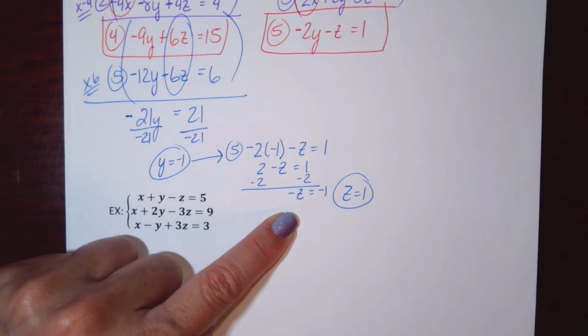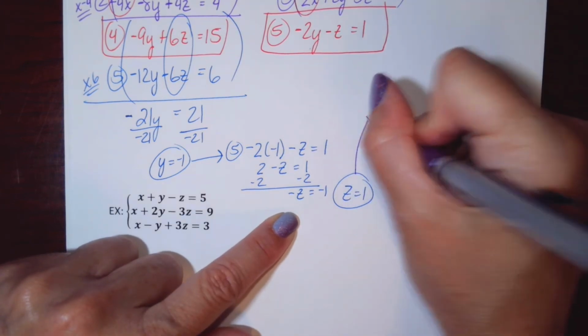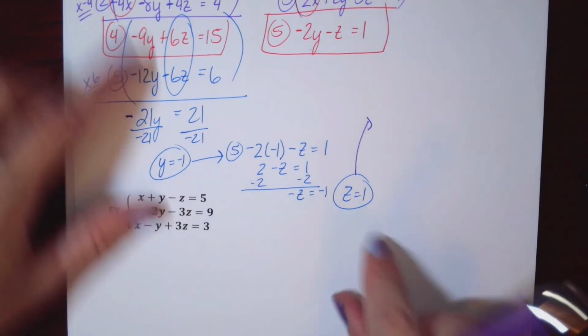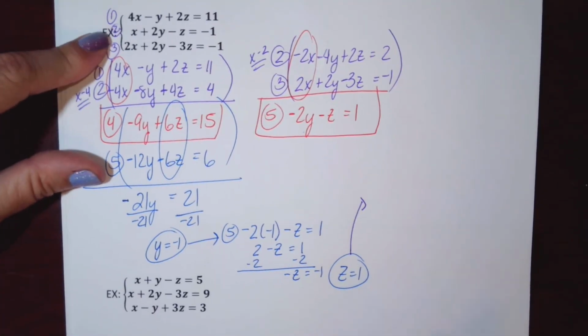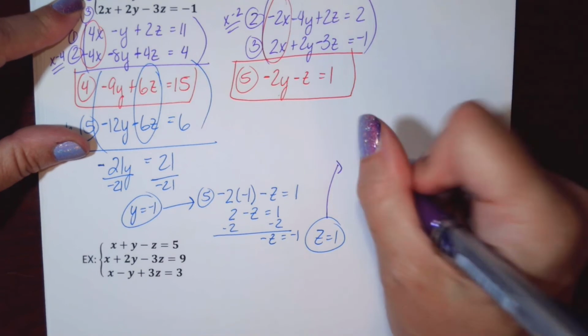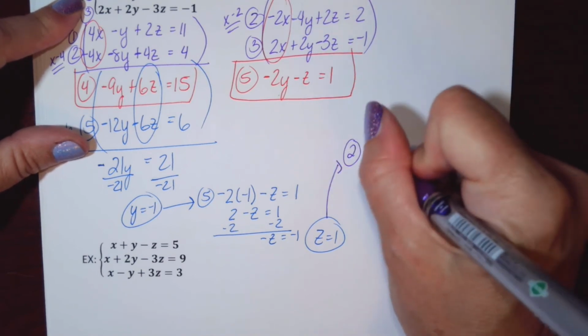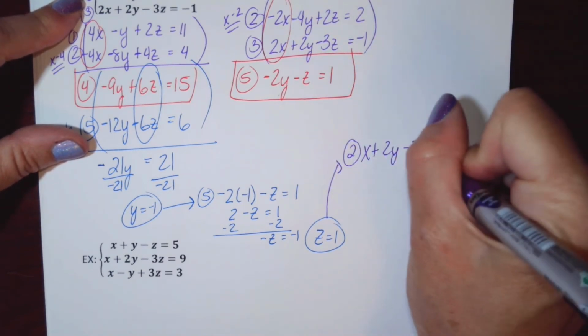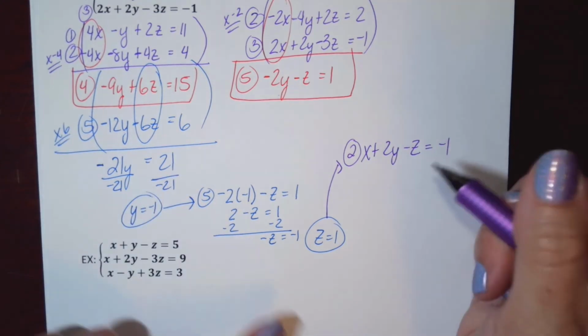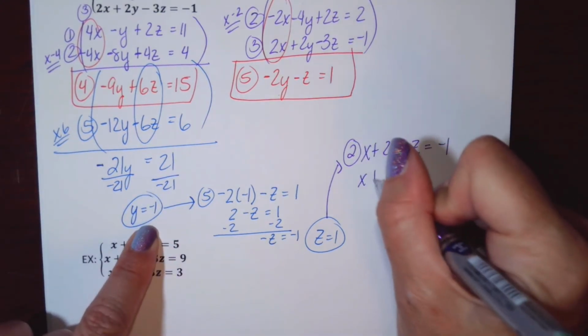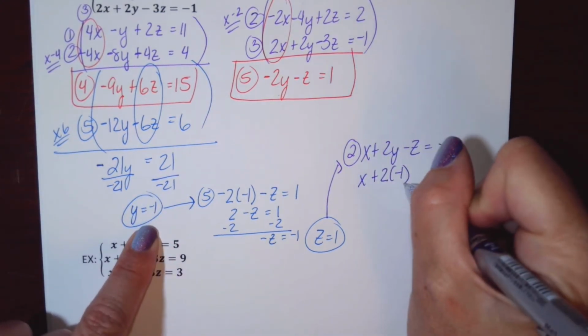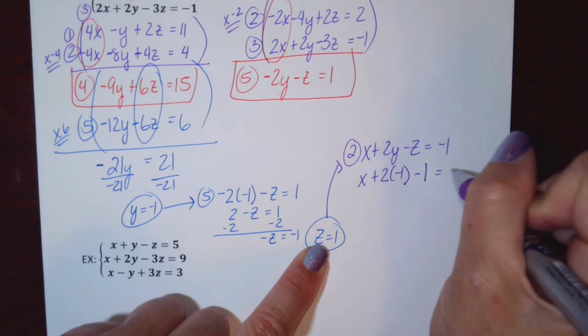And then finally, my last step, I need to plug in what I know for z and y into one of my original equations to solve for x. That's my missing variable. I'm going to use the second equation, just as it was given to us. We don't know x. 2 times y minus z equals negative 1.